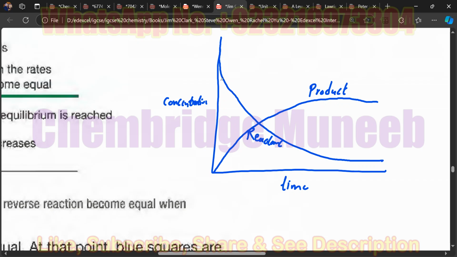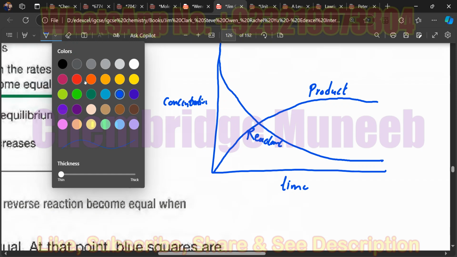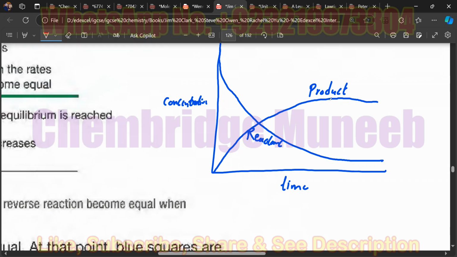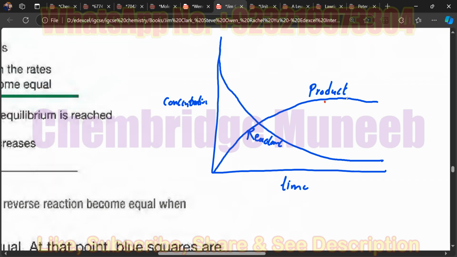So we can conclude from this type of graph that at this point, where both lines have reached the horizontal, the graph of the product is horizontal and that of the reactant is also horizontal.